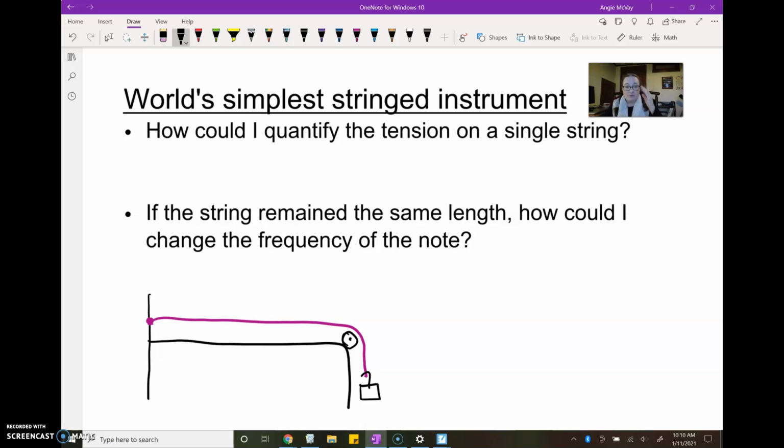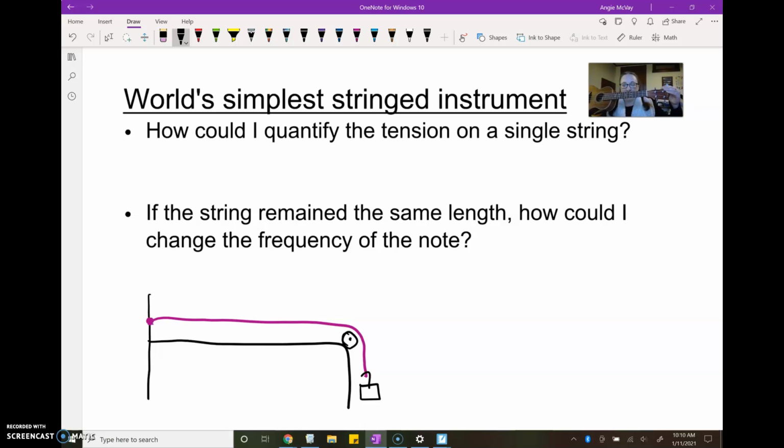If any of you play stringed instruments, you know how we can change the note played on a string. I've got my little ukulele here. Okay. We know on a stringed instrument like this ukulele, each of the strings is a slightly different length. And you can use these little knobs to change the tension on the string.